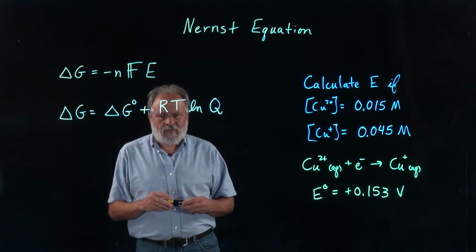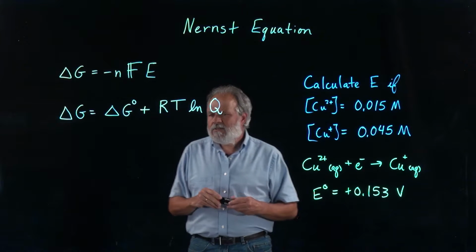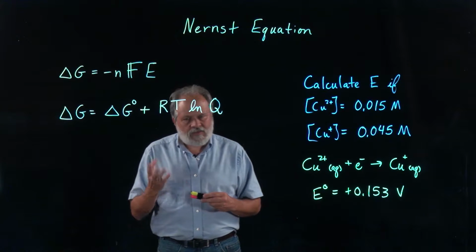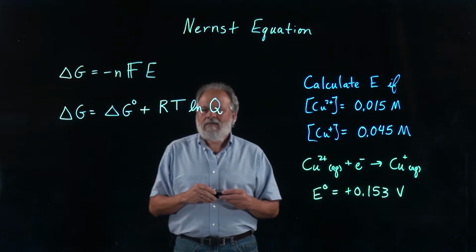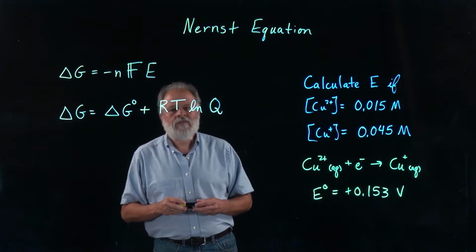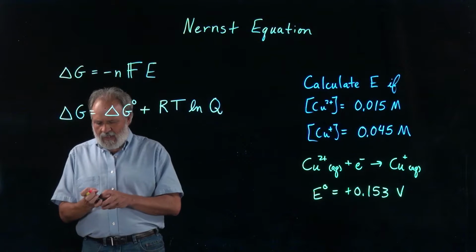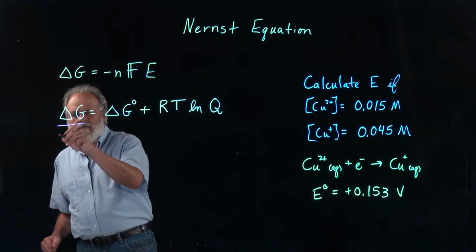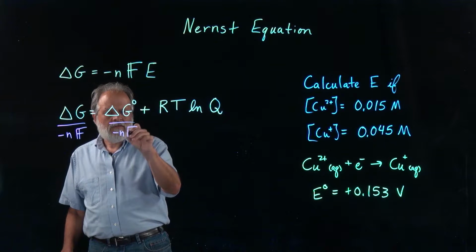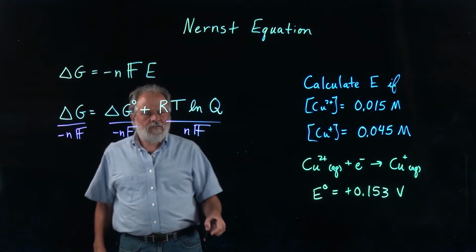The other equation was from the previous chapter in thermodynamics, and that is the Gibbs energy is equal to the Gibbs energy of the standard state, delta G naught, plus the gas law constant in joules times the Kelvin temperature times the natural log of the reaction quotient. So what we'll do is take delta G and divide it by minus NF for every term.